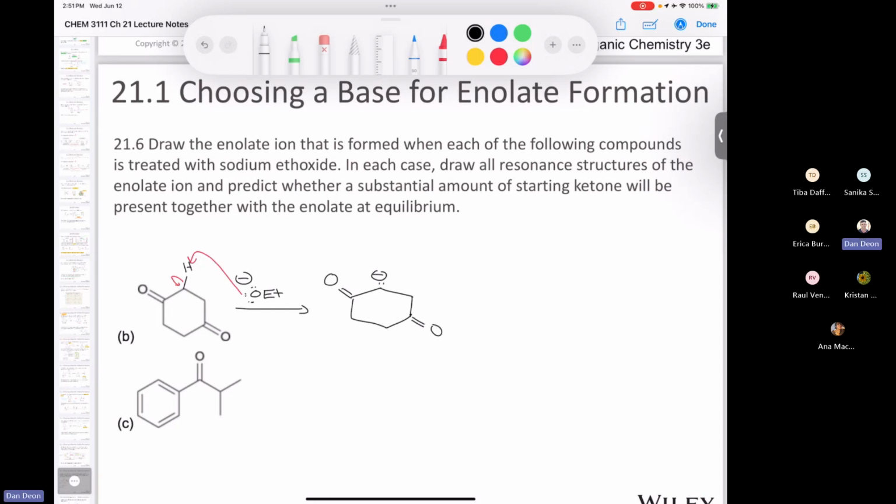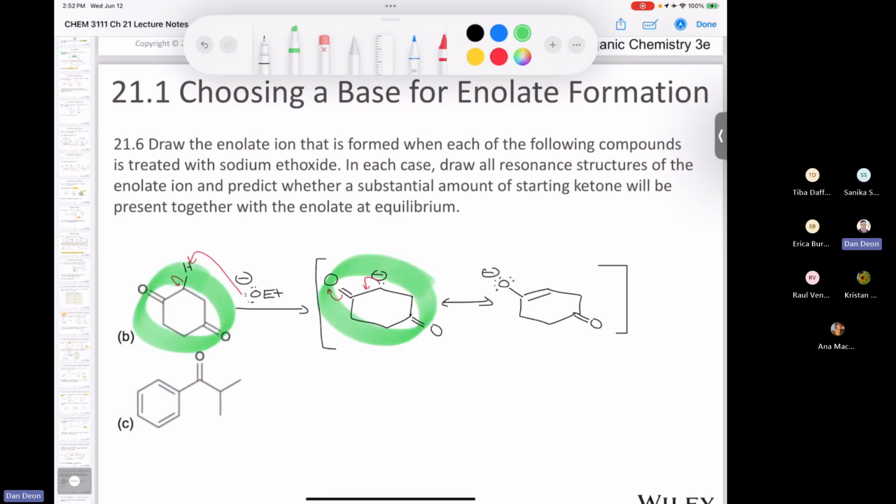And then it asks us to draw the resonance form. If we want to draw the resonance form, we're going to make a double bond, put a lone pair up here, and then we end up with something that looks like this. The negative charge on our oxygen, like that. Okay, there we go.